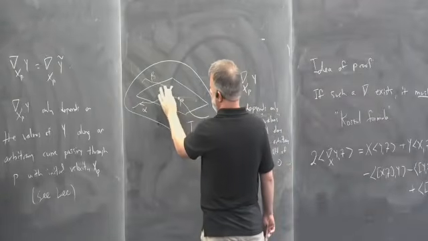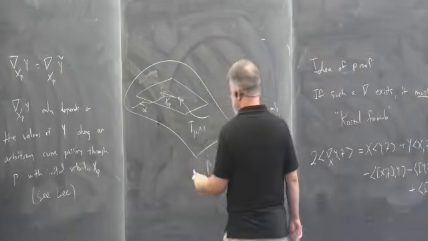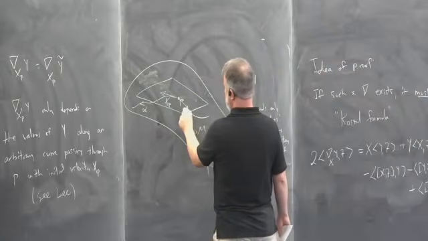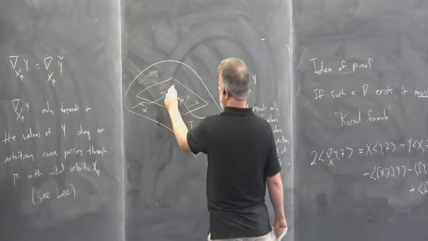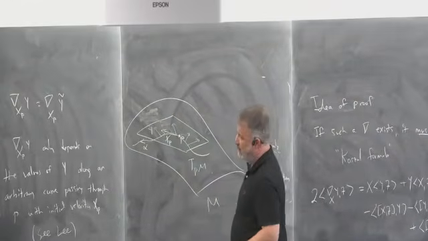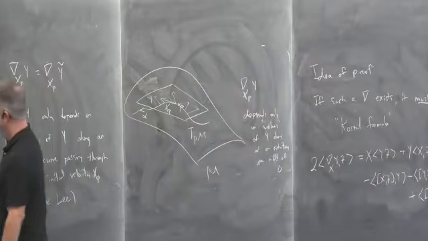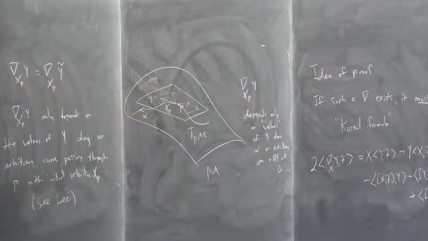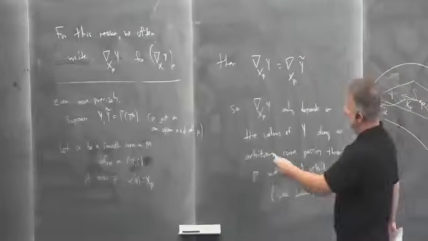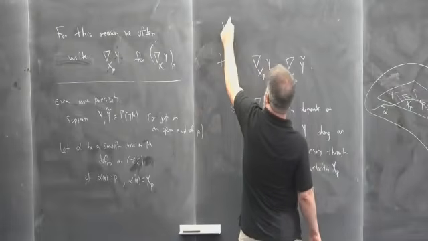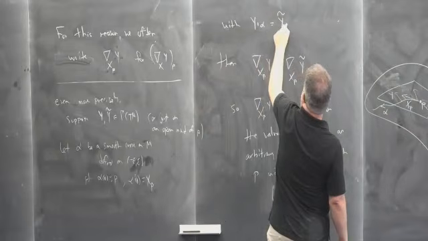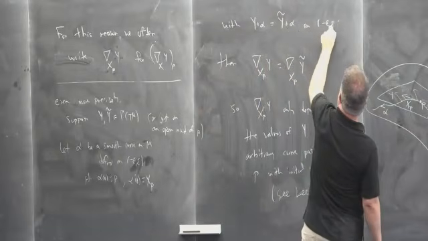Rather than draw two curves, suppose the vector field Y tilde is such that Y composed with alpha equals Y tilde composed with alpha on minus epsilon to epsilon.